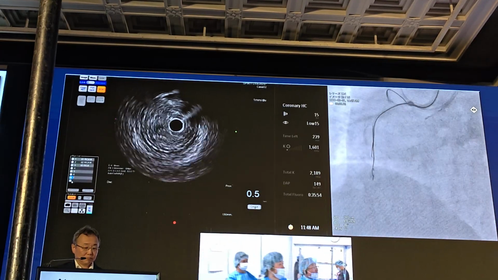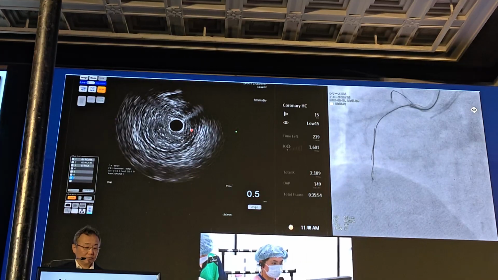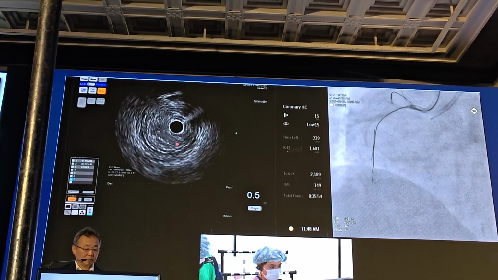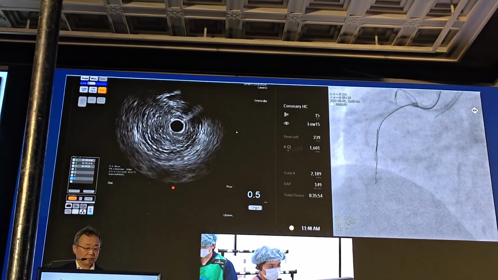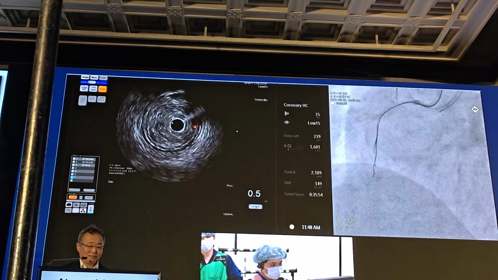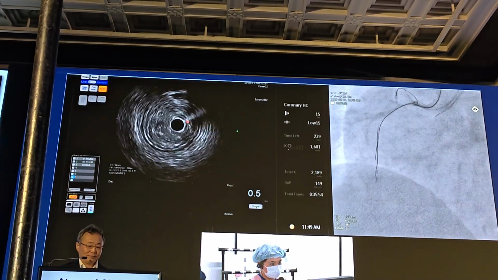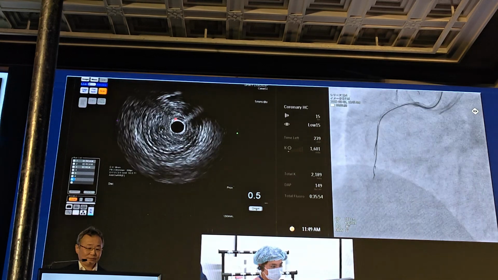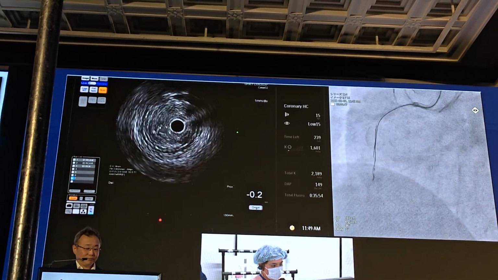This is the IVUS image, and the Conquest Pro advanced into the vessel, but the distal true lumen is shown here under the IVUS catheter. And the first guide wire on the IVUS guide catheter is shown here, and the Conquest Pro ST, you can see the tip.